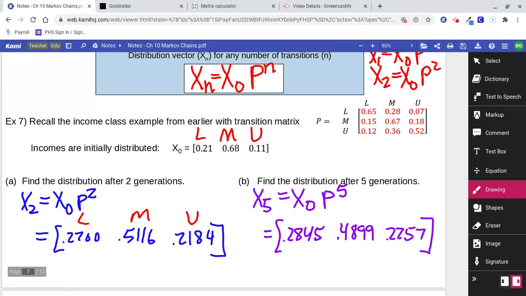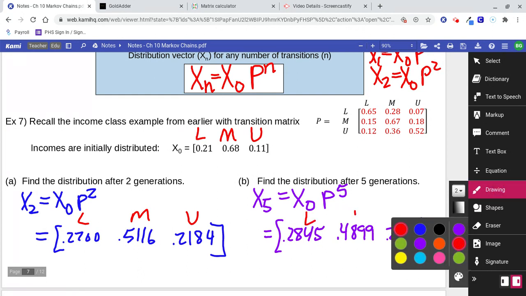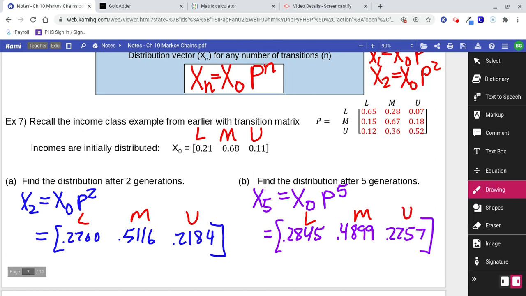Now remember what this means. We're talking about lower, middle, and upper. And so, check it out. You can kind of examine trends. Markov chains are good for examining trends. So look at the lower class. We started at 21% of the population. And after 5 generations, we went up to 28% of the population.